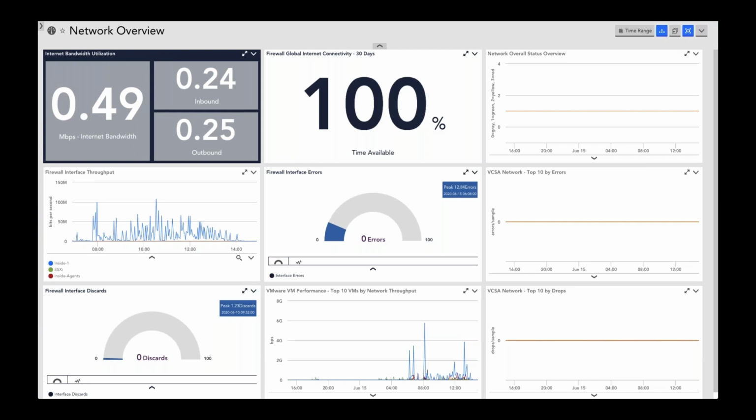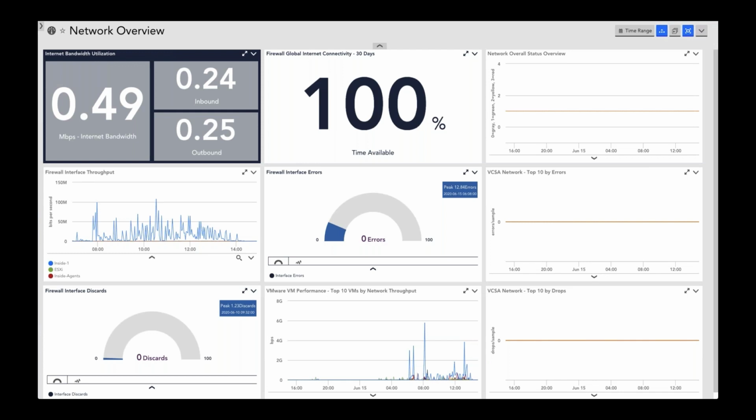All of our customers have dedicated firewalls that they usually set up VPN tunnels to connect to all of the Mac VMs and Mac hosts that are behind the firewall here. So this dashboard allows them to understand their throughput, if they're seeing errors in the form of interface discards, in general how much throughput they're pushing over a certain period of time, and if there are any VMs that are consuming more than their fair share of memory.